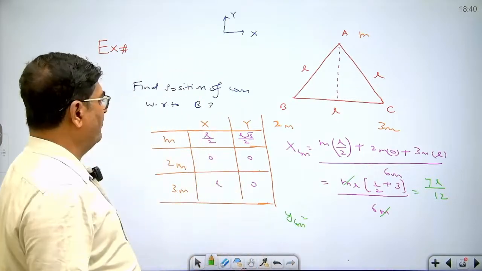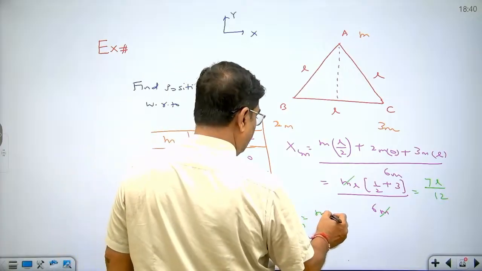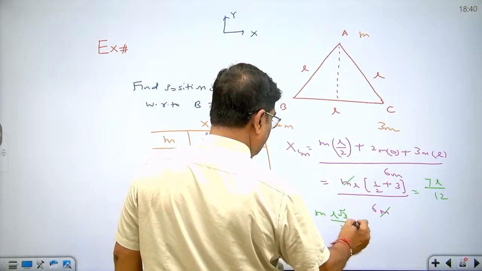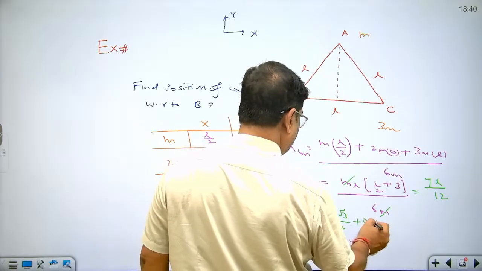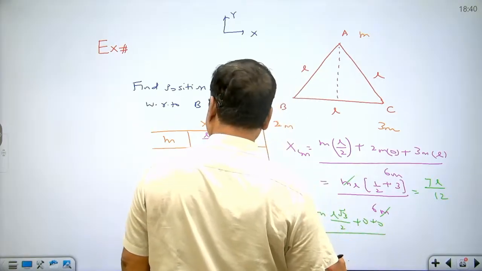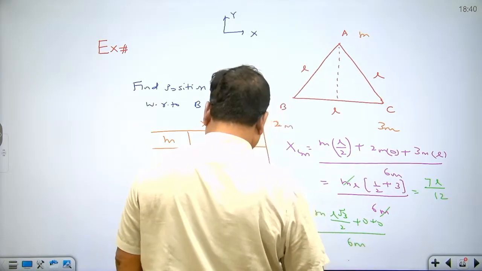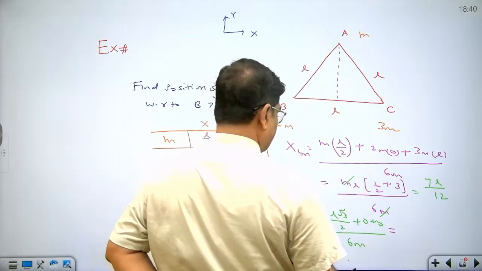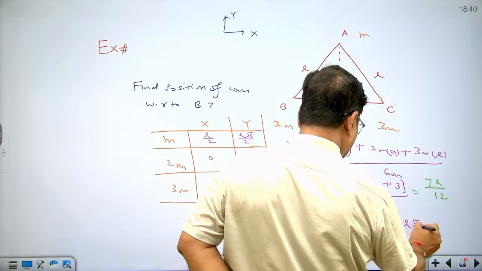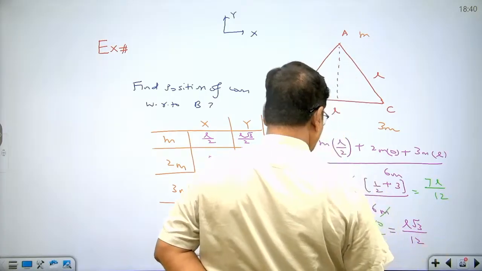In a very similar way, we can find YCM also. What is YCM? m1 y1 plus m2 y2, that is 0, plus m3 y3, that is also 0, divided by m1 plus m2 plus m3, this is 6m. So dear student, the final answer of YCM, m gets cancelled, is L root 3 upon 12. This is YCM.